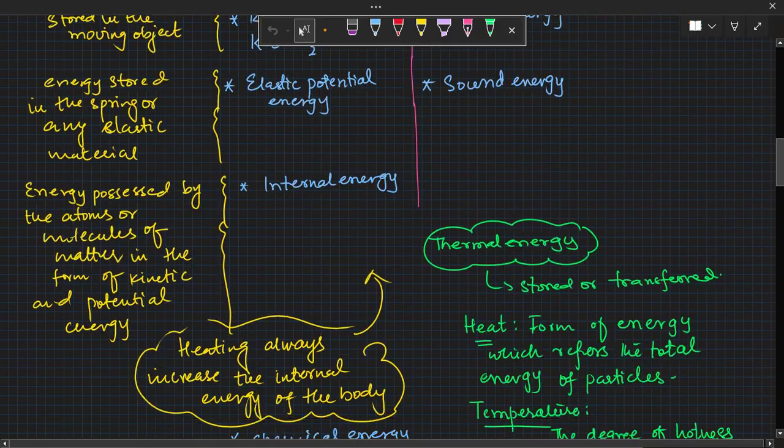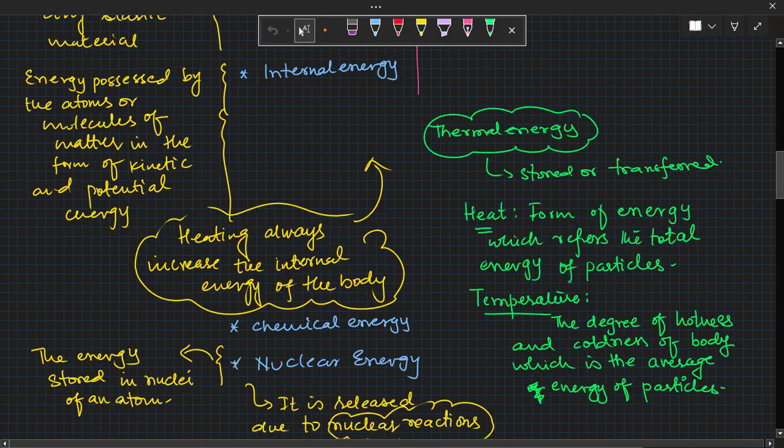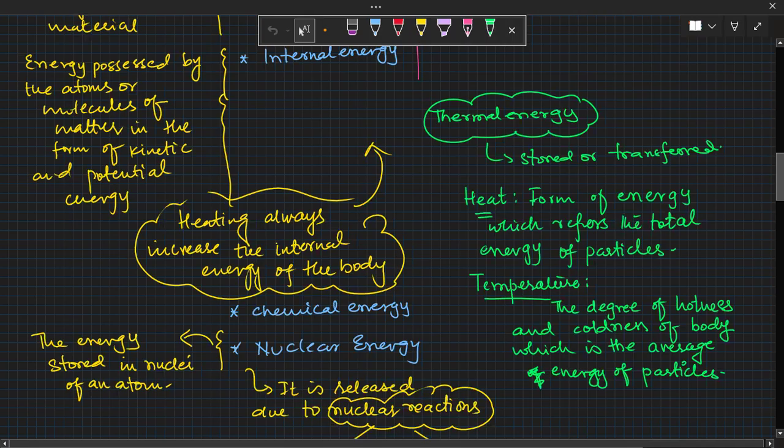We covered thermal energy, the form of energy which refers to the total energy of particles, and temperature, the degree of hotness and coldness of a body, which refers to the average kinetic energy of particles.